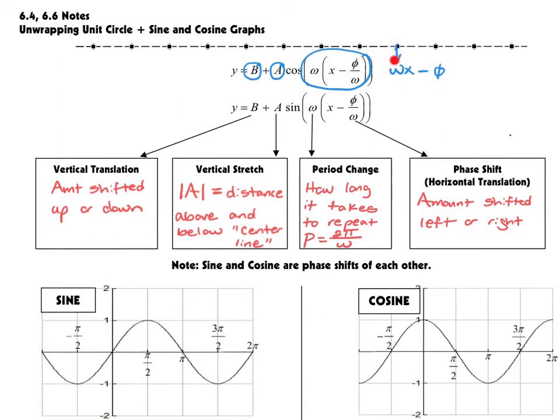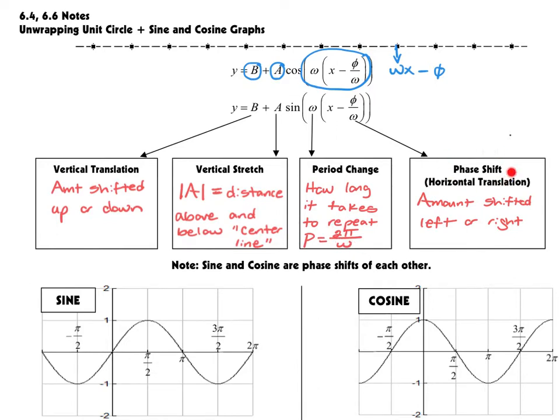If there is a value in front of the x, or that's been factored out, then the period, the amount of time it takes to repeat, has been changed. And you would find that new value doing this calculation right here. The new period will be 2 pi, because this is our period for our parent function, divided by whatever value is there. That's why if it's a 1, it just stays 2 pi.